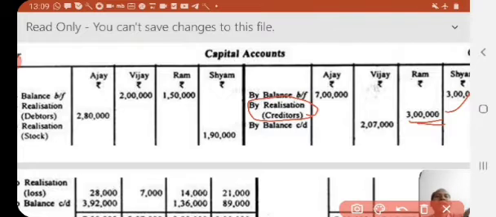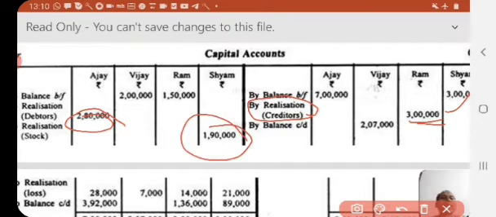To realization, debtors 2,80,000. Ajay is taken. And to realization, stock 1,90,000. This already we have seen in the realization account. So capital accounts debit to realization, debtors is taken by Ajay.